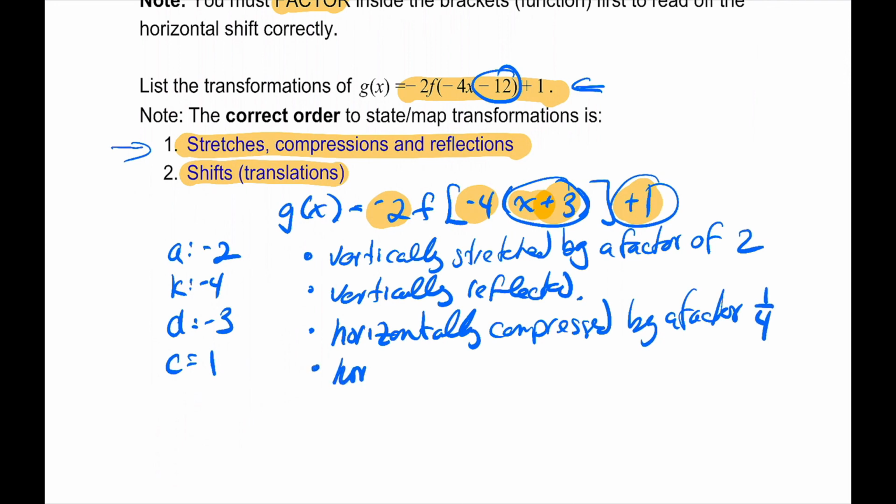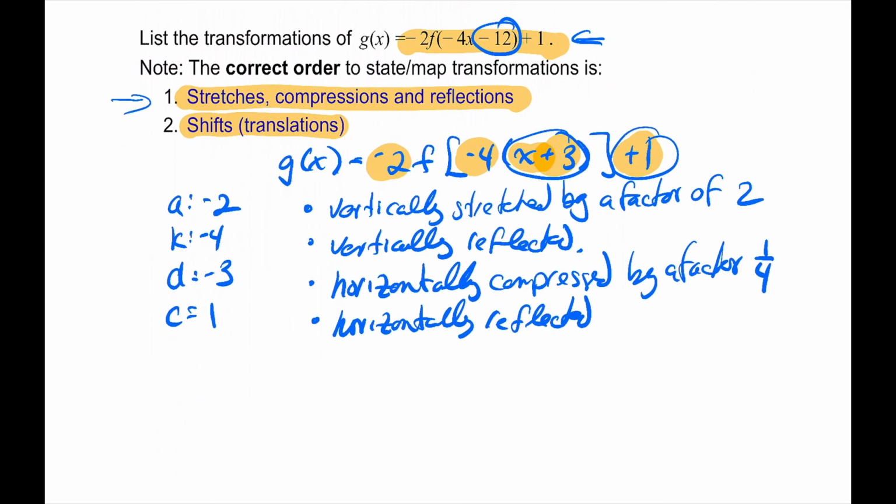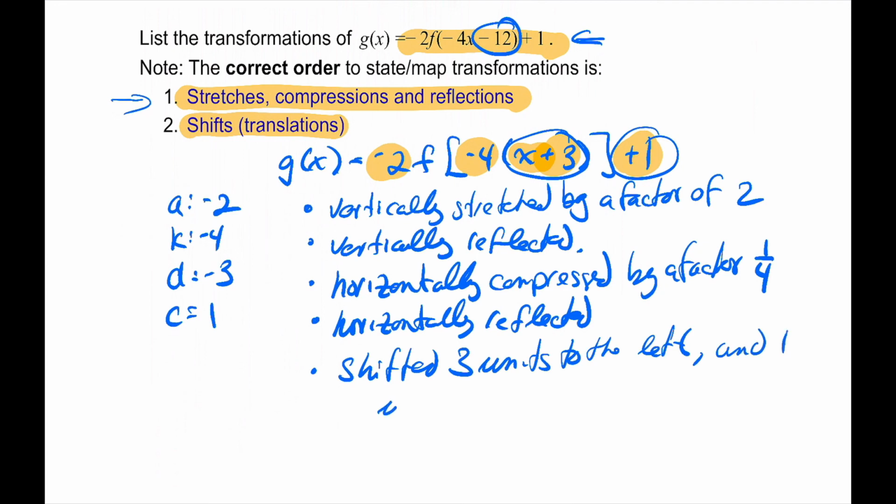And this is also horizontally reflected, or reflected in the y-axis. I would accept either. And then now we could identify the shifts. So this is shifted 3 units to the left, since d is negative, and 1 unit up, since c is positive. Okay, so that's how we go off and describe the transformations based on our a, k, d, and c attributes.